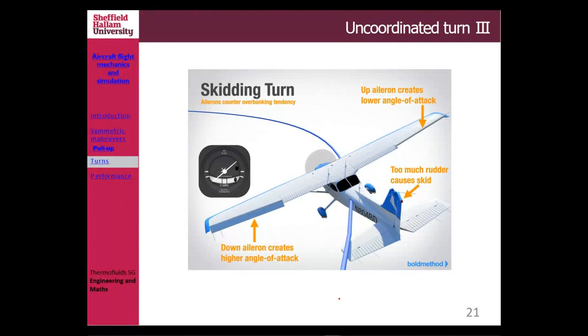So when you have the skid, your aircraft obviously has the roll angle showing in that direction, but if you make a skidding turn, then that ball is moving to the same side as your rolling wing.